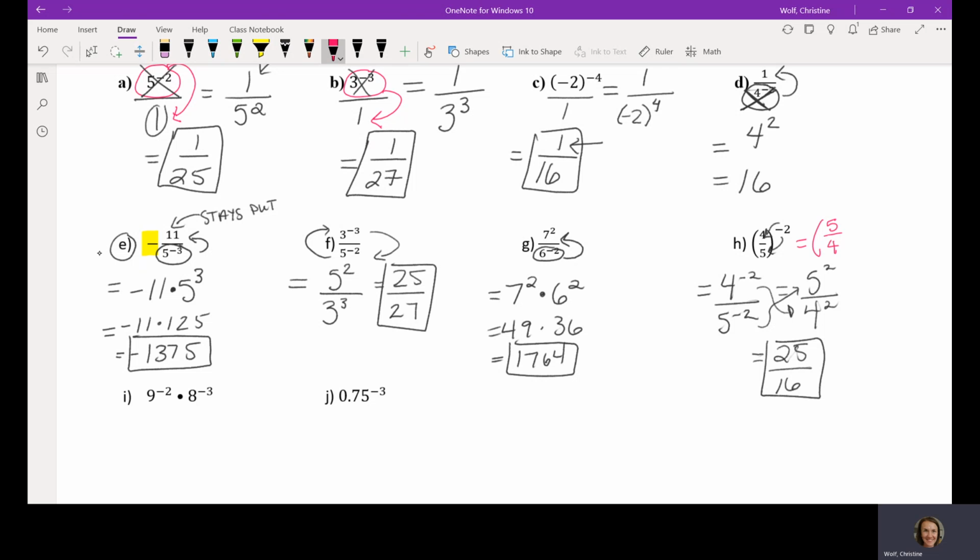The entire thing in the bracket gets flipped and then it becomes positive. So these are two different ways you can do the same question. And then 5 squared is 25 and 4 squared is 16. So same answer in the end. I don't care which way you want to do it. Okay, 2 more.